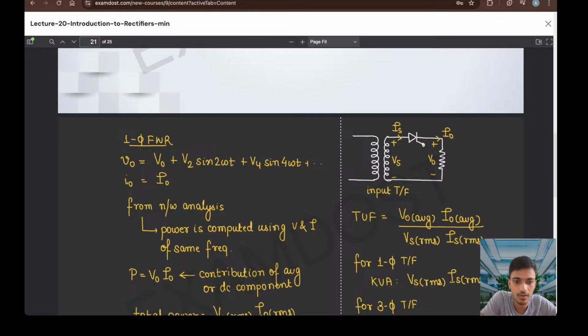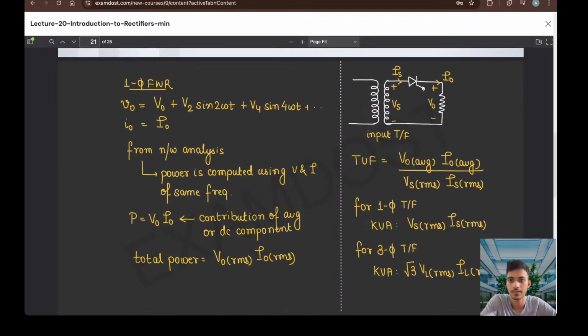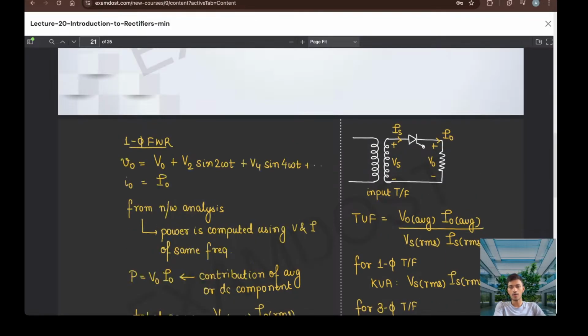How much power is converted to the desirable. So desirable divided by the source power.